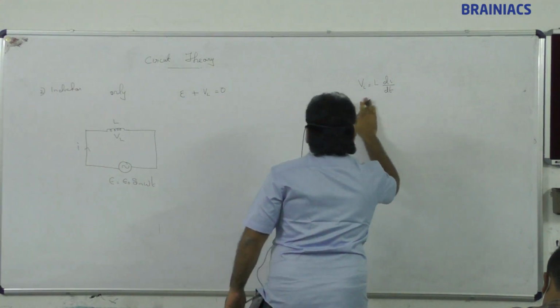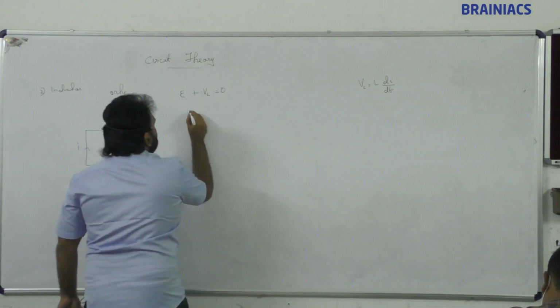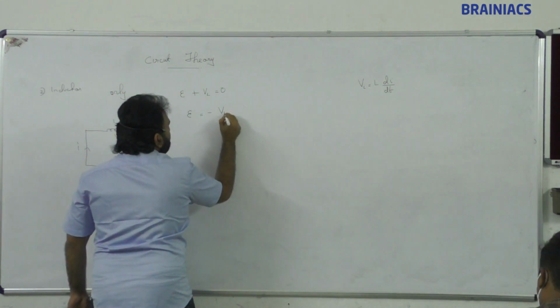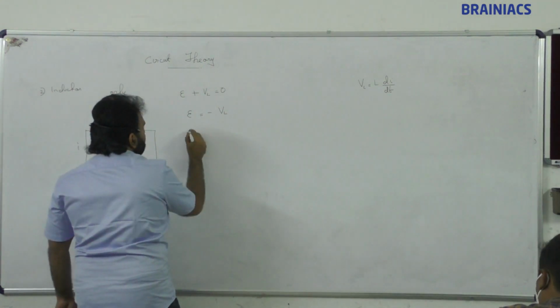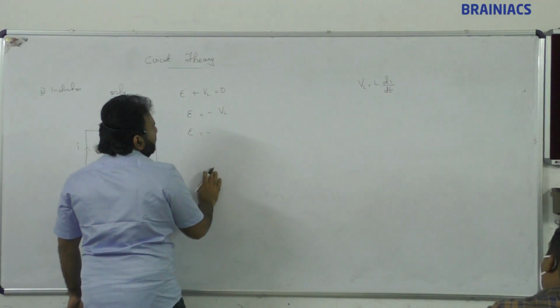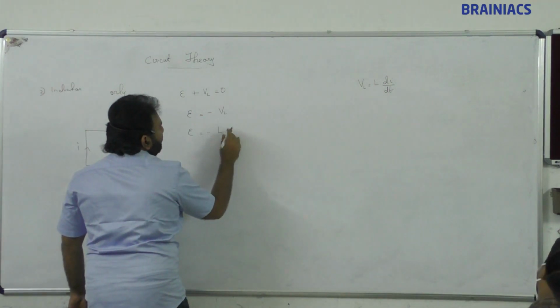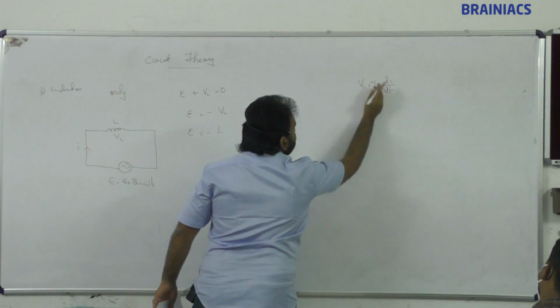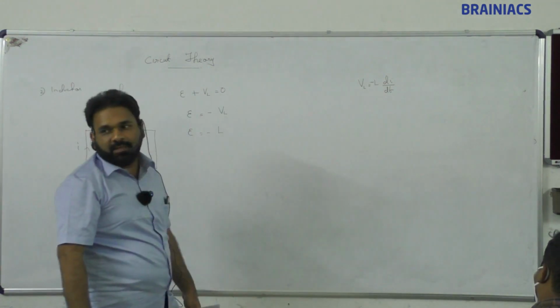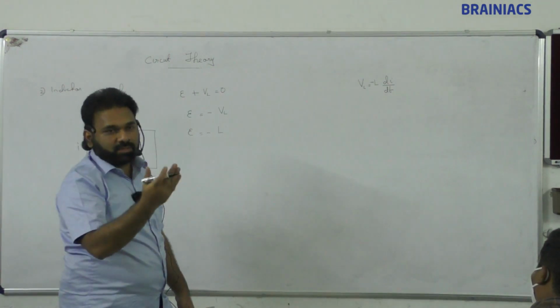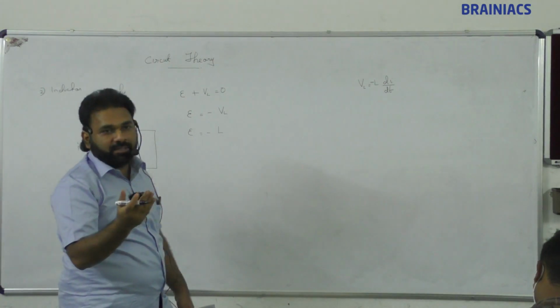So if we put E is equal to minus VL, and VL is equal to minus L di by dt, this is also minus.